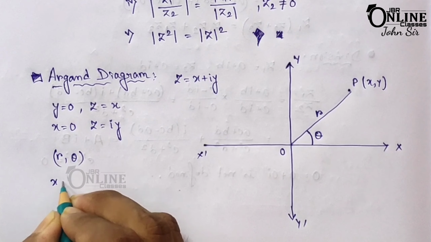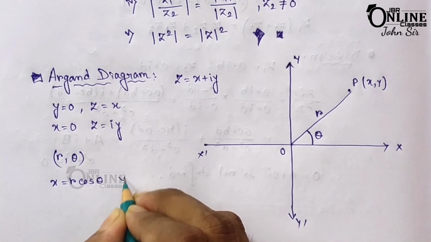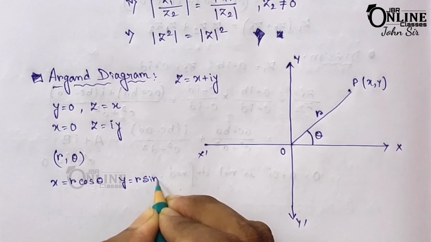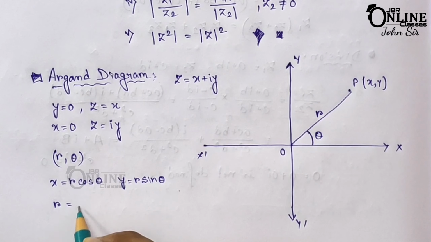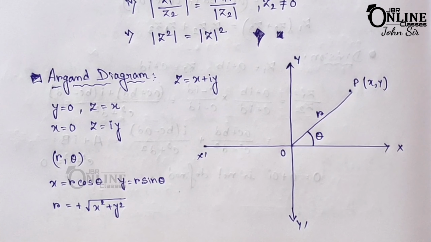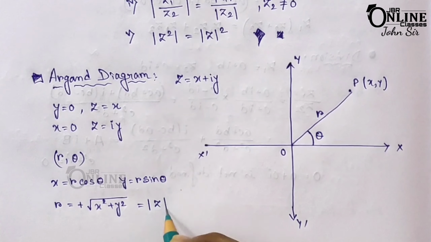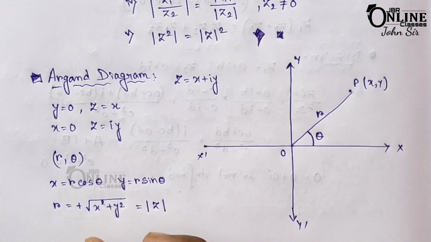So consider x equal to r cos theta and y equal to r sin theta. Then r equals plus root over x square plus y square, and that is called the modulus, or you can write mod z.